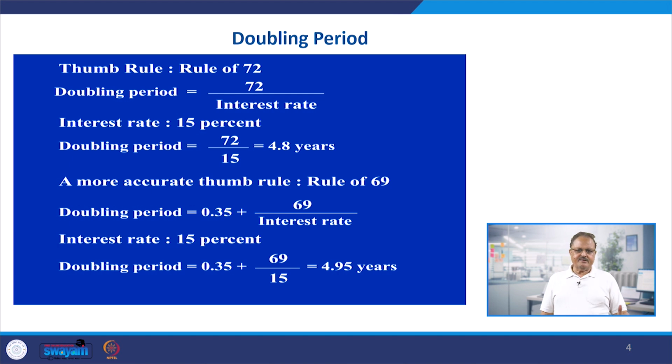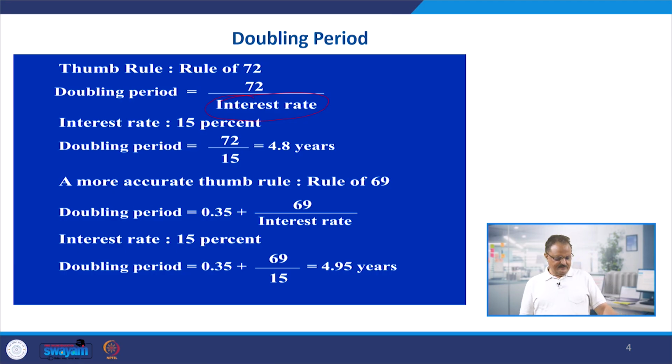If you know the interest rates, or the return rates in your business, your project, your venture, if you can predict the rate of return, which you call an interest rate here, then under the rule of 72 you divide 72 by that expected rate of return or rate of interest, and you find the doubling period of your investment.